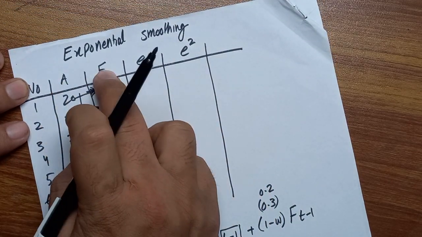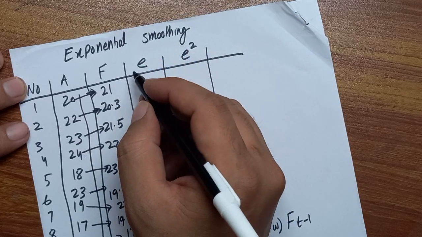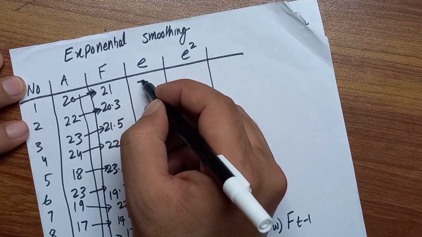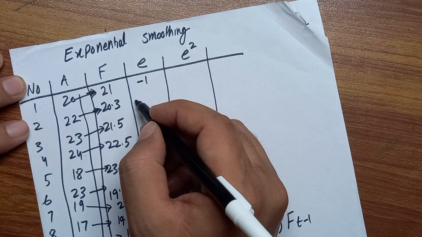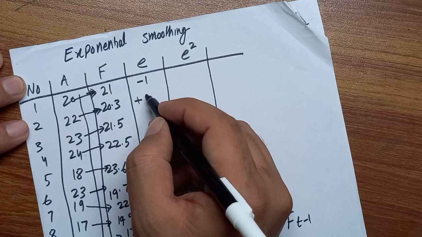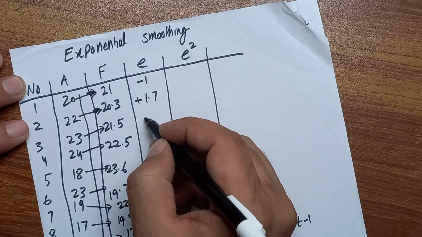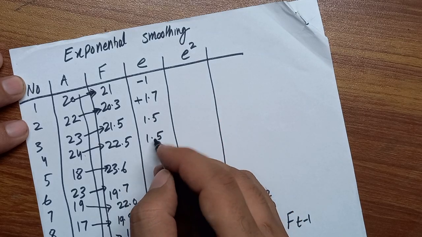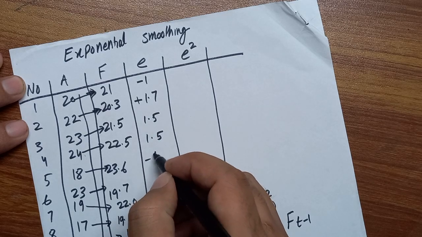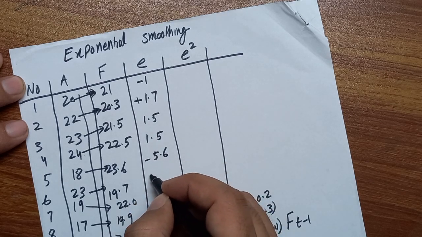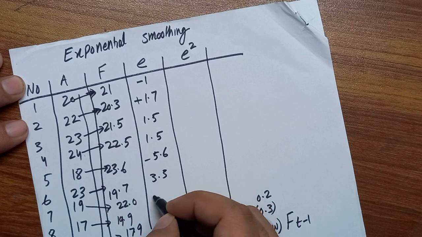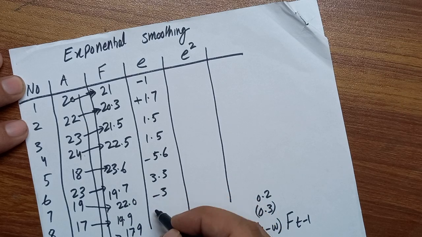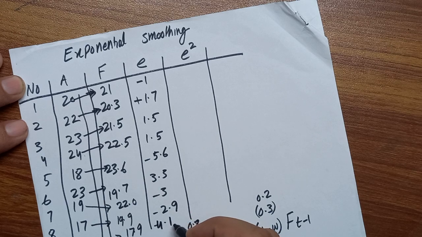Actual minus forecasting, we will get the error. So for the first year we have -1, for the second plus 1.7 and 1.5, again 1.5, minus 5.6, plus 3.3, minus 3, minus 2.9 and 4.1.